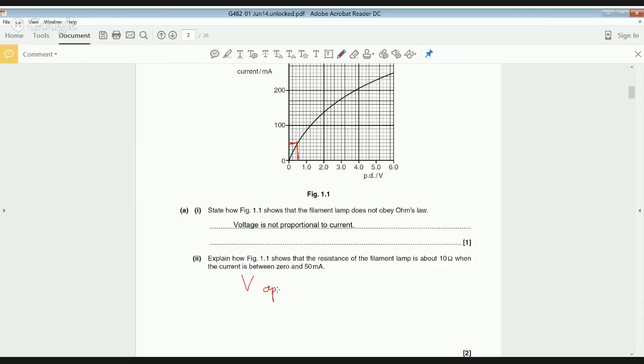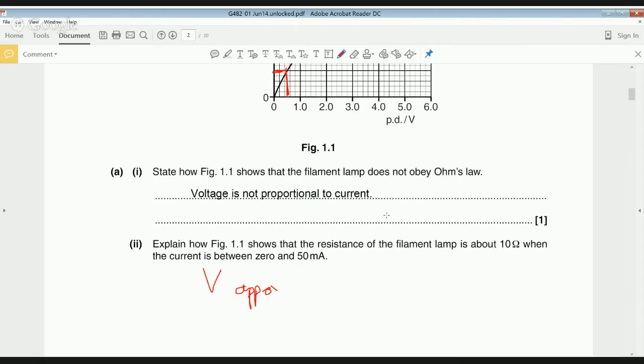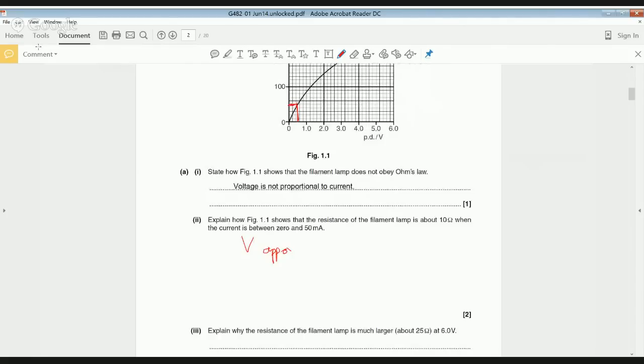We need to say that V is approximately constant up to about 50 milliamps.